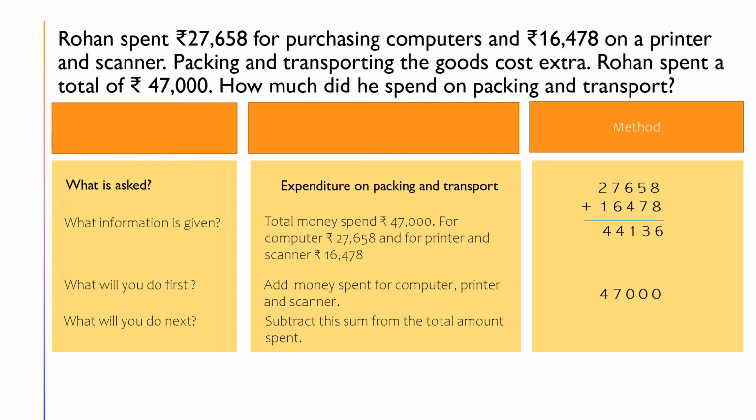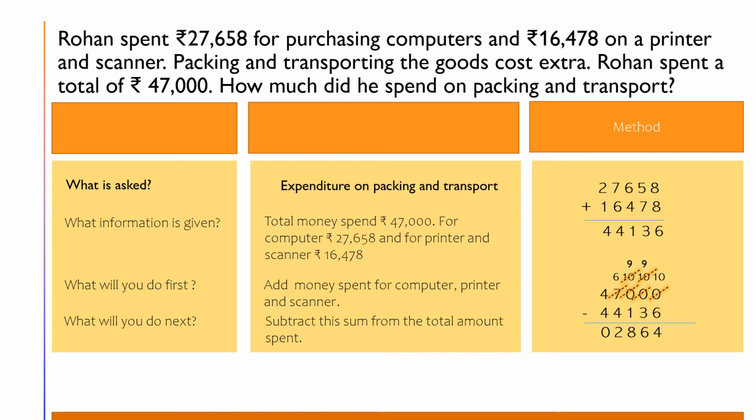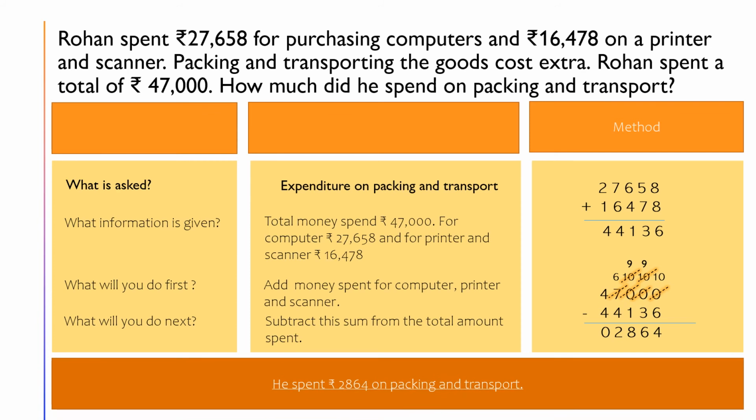We will minus 44,136. We will get the answer 2,864. So this is our final answer. We will write in a statement. He spent rupees 2,864 on packing and transport.